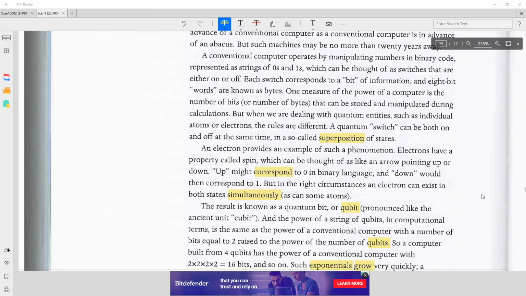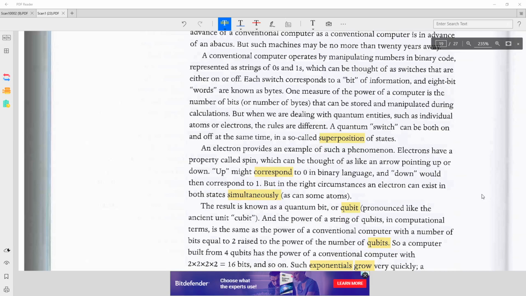A conventional computer operates by manipulating numbers in binary code, represented as strings of zeros and ones, which can be thought of as switches that are either on or off. Each switch corresponds to a bit of information, and 8-bit words are known as bytes. One measure of the power of a computer is the number of bits or number of bytes that can be stored and manipulated during calculations.